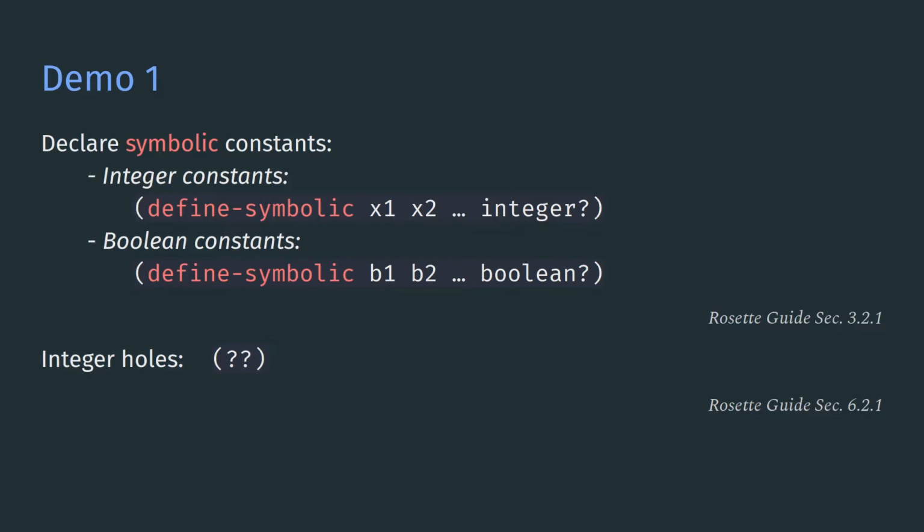The same thing applies for Boolean constants. Define-symbolic, then the list of variables you want to create, and then the boolean keyword. We've also seen how to use a basic type for holes, the integer holes, which is this double question mark enclosed in brackets. And you can see the relevant sections of the Rosette guide for more information.